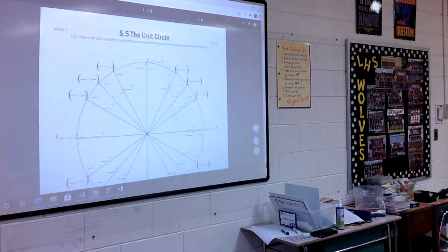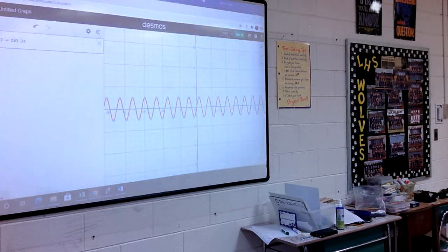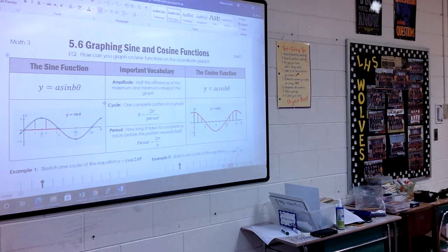Now, as we go back to sine and cosine, there are three important things on vocabulary. The first is the amplitude. Amplitude is half the difference between the maximum and the minimum. Another way of saying that is how far up and how far down does it go.